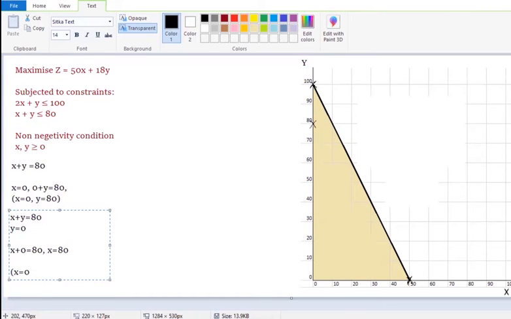Sorry, x equal to 80 and y equal to 0. Or simply it is 80 comma 0. So the second point is 80 comma 0.